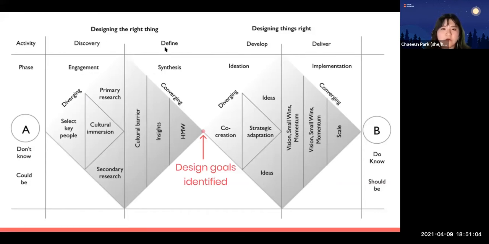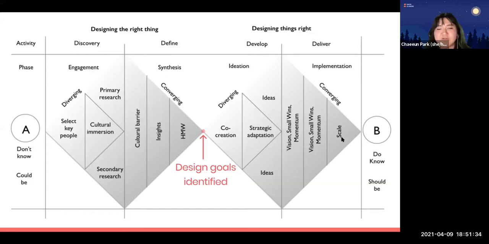And so the stages are also split between periods of diverging, or broadening your problem scope, and converging, which is narrowing your problem scope. So starting on the very left, when you start out any project, you've identified some area of interest, and you want to explore because you haven't pinpointed exactly what you're going to do yet.